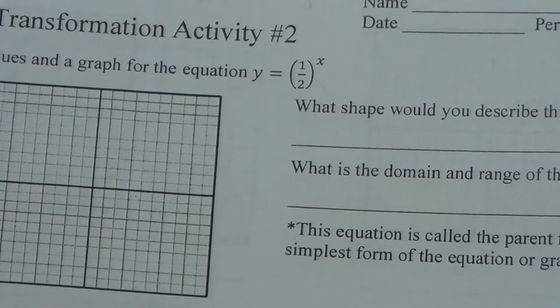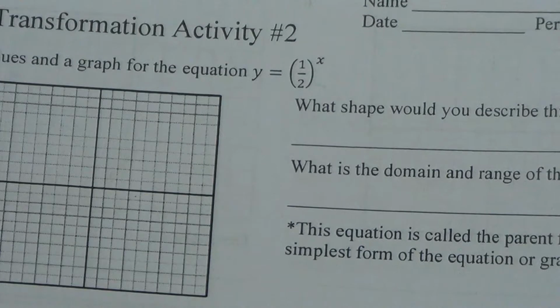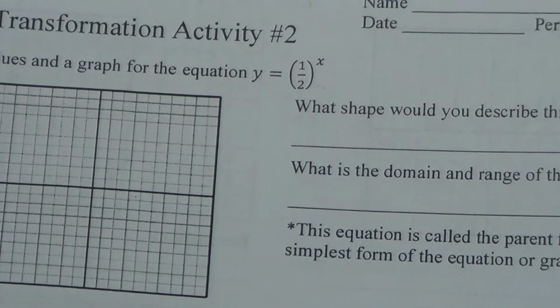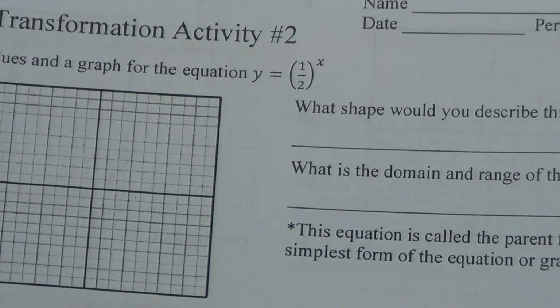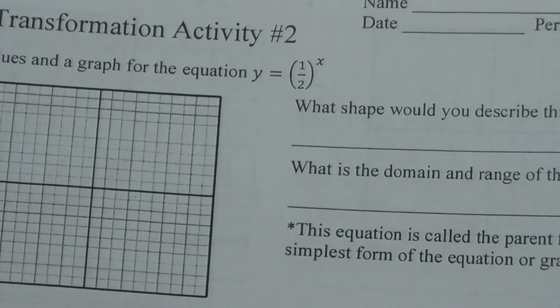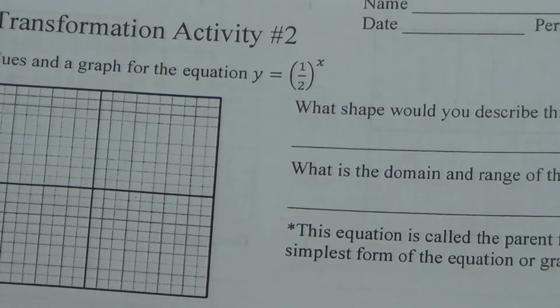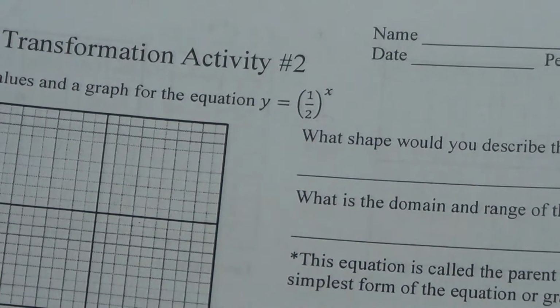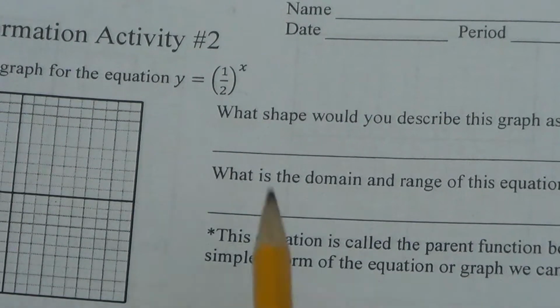And 1/2 to the second literally means 1/2 times 1/2. Multiply straight across, we get 1/4. And 1/2 to the third power, 1/2 times 1/2 times 1/2 is going to become 1/8. Pause the video and graph that.